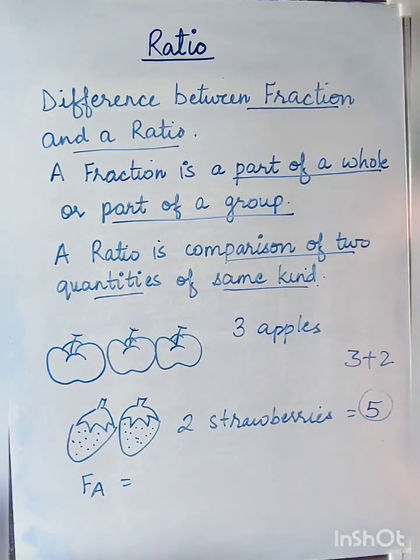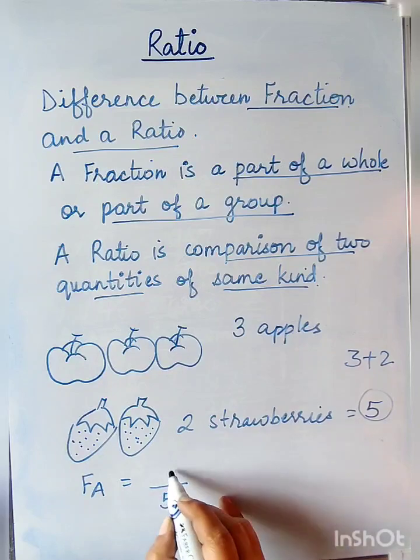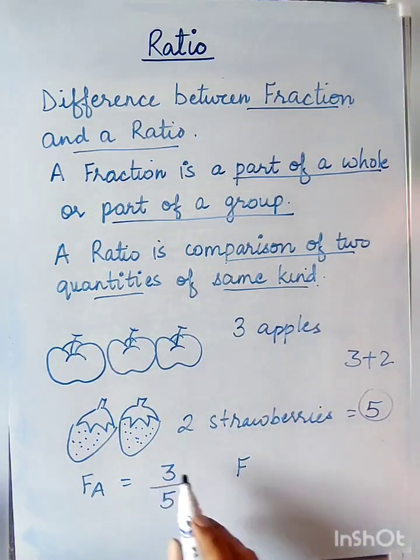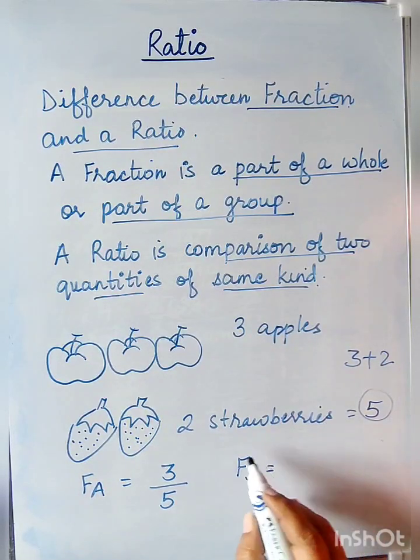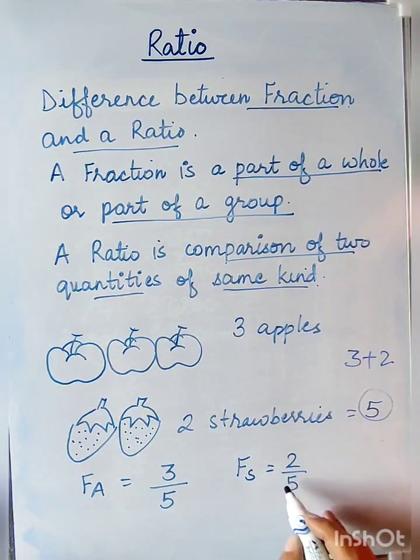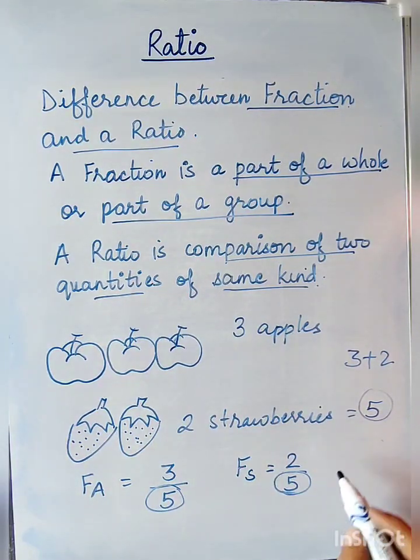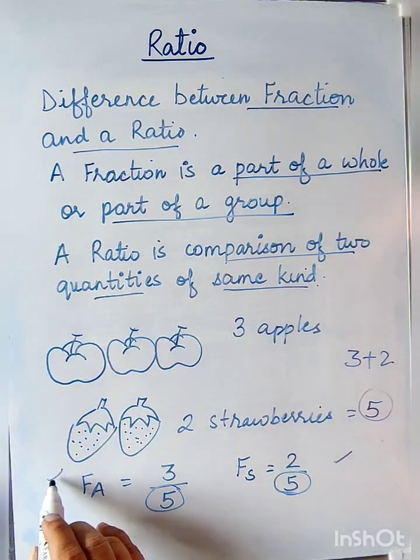The denominator here will be 5. So out of 5, 3 are apples. And the fraction of strawberries will be 2 out of 5. So the whole, or the denominator, remains the same in the case of fractions.